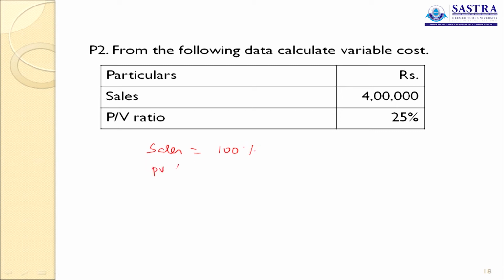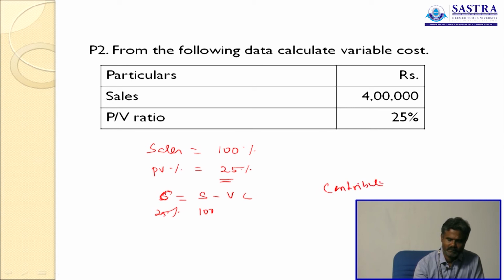PV ratio equals 25%. This is a simple way. And also you write the equation: contribution equals sales minus variable cost. Here you assume sales is 100, contribution is 25%. Already I told you, contribution equals PV ratio.